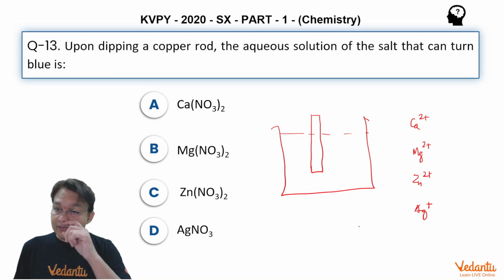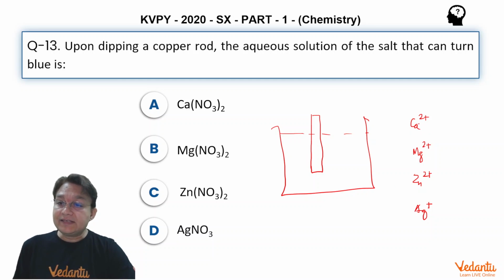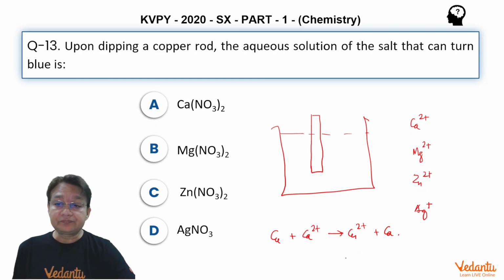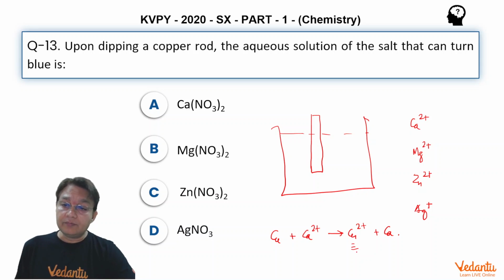So now the question is, which one of these ions is more reactive? Suppose we take the example of Ca2+. Cu + Ca2+ gives Cu2+ + Ca. Is this process feasible? If this process is feasible, then copper 2+ will be formed in the solution and the solution will turn blue.